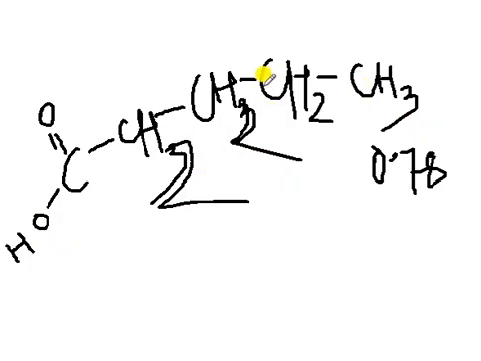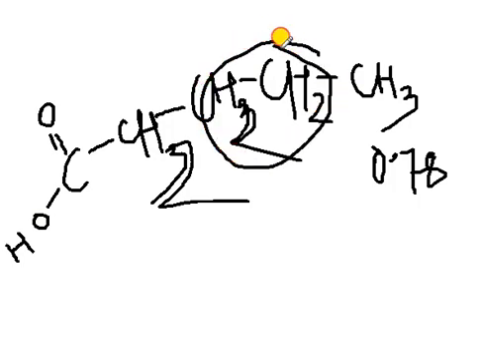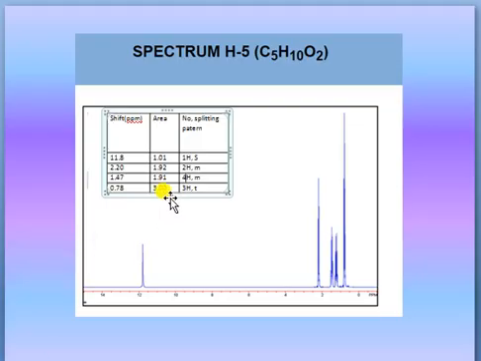So last time we discussed that this type of proton comes at around 1.4. This is a little bit higher because this is directly attached to a keto, carbonyl type of bond, and this is acid. So a little bit more shift.